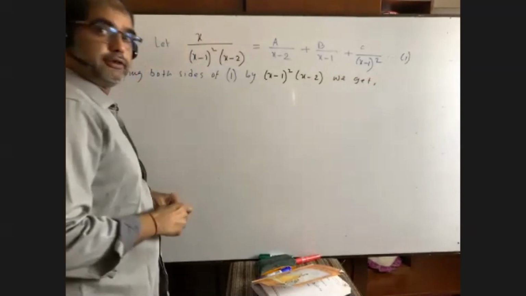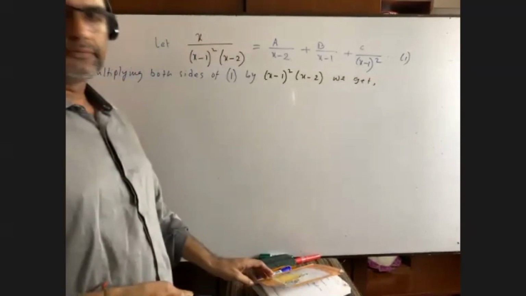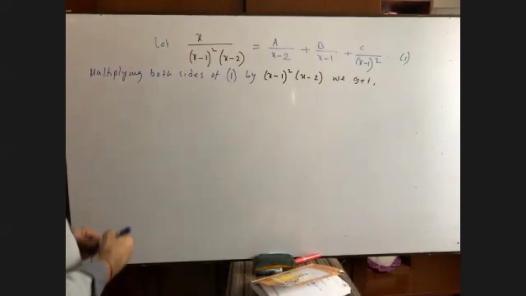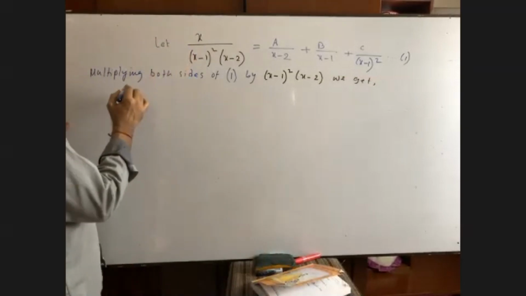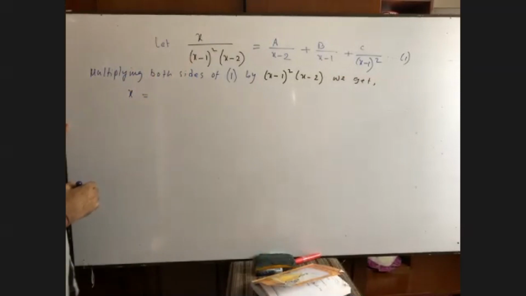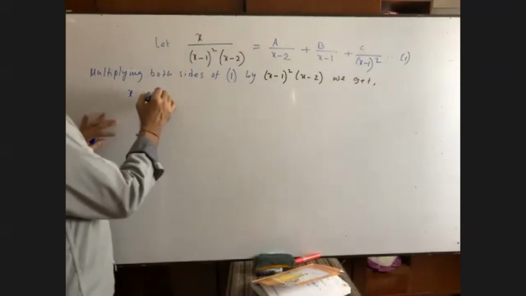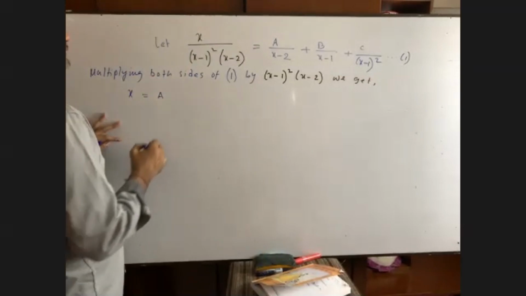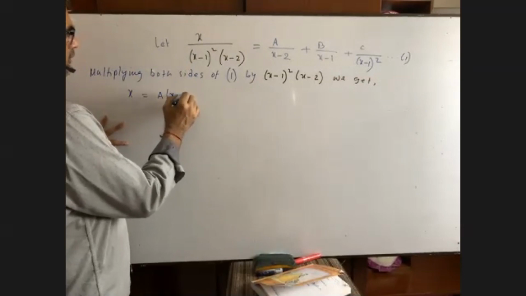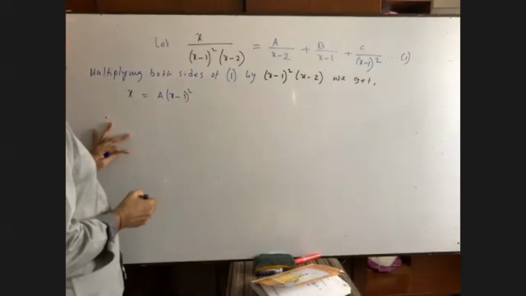Please try to understand. What will we get? Can you tell me? We'll get here only x, right? x is equal to A into x minus 1 whole square, right?